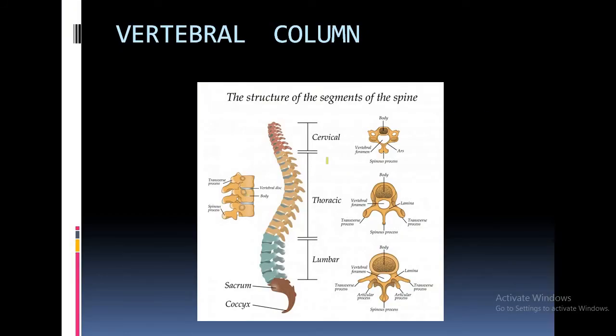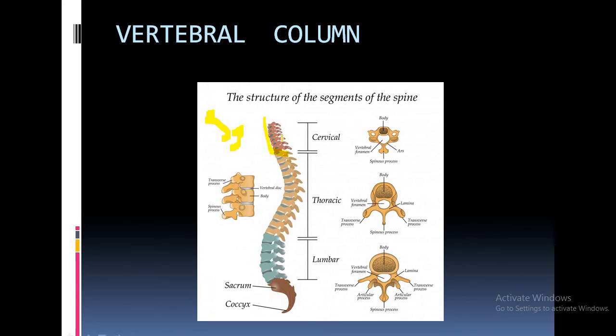Now we have to see the vertebral column. The vertebral column, or backbone or spinal column, is made up of 33 small bones, known as vertebrae. On the basis of the part of the body where they are present, there are 5 types of vertebrae.